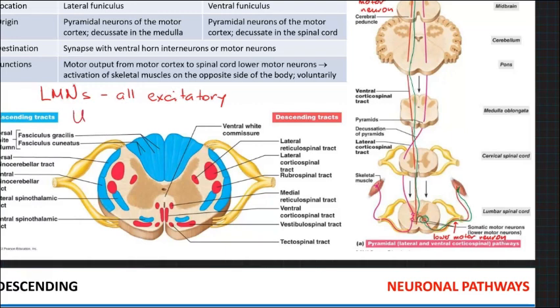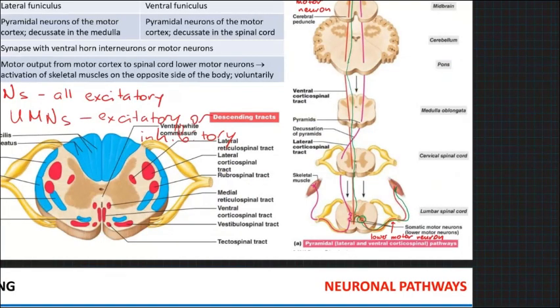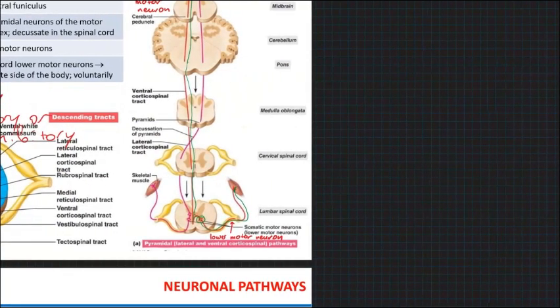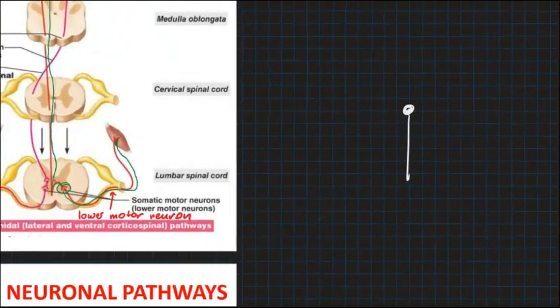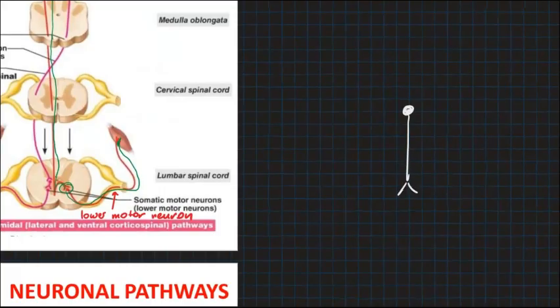Because upper motor neurons can be excitatory or inhibitory. Now let me show to you why this is important. Here we go. So imagine that this is the lower motor neuron.